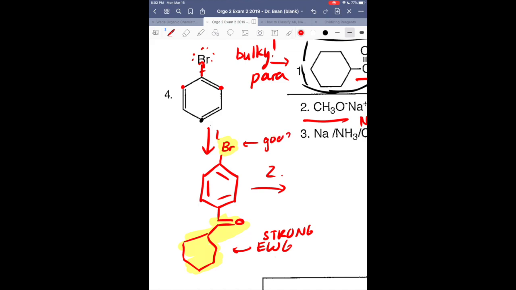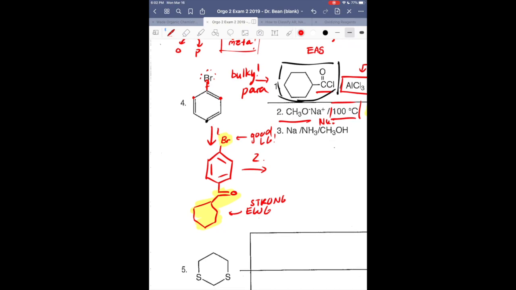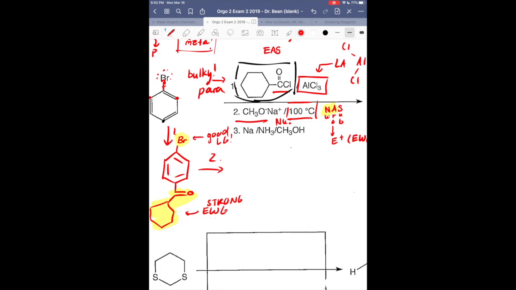So it's acting as a good leaving group. Therefore, in nucleophilic aromatic substitution, a nucleophile is going to come and replace something on that ring. But as opposed to how it is in electrophilic aromatic substitution, what it replaces is going to be the leaving group. Okay?